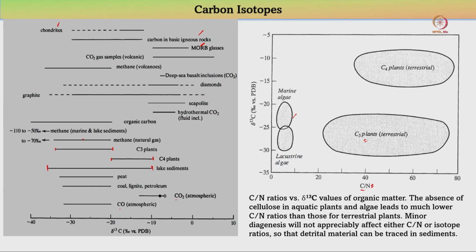Okay. So, if you are doing sediment studies, you are trying to see what kind of environment these sediments were deposited in, and what kind of organic masses were supplying the carbon in this particular environment. So, this kind of isotope data becomes very, very useful.